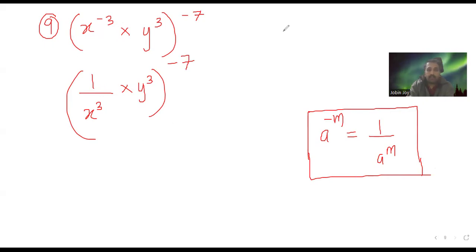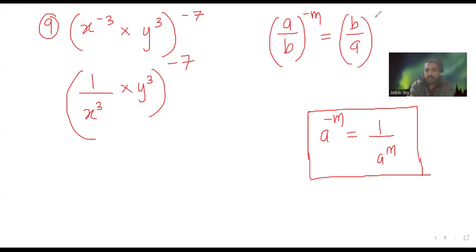Then we have another law: (a by b) the whole raised to minus m equals (b by a) the whole raised to m. If an expression (a by b) the whole raised to minus m, take the reciprocal and change the sign of the power.